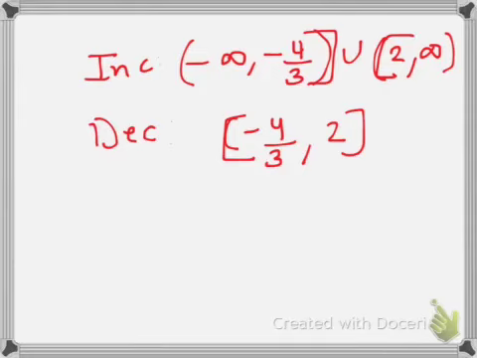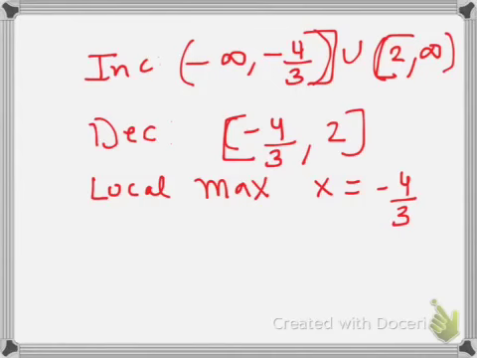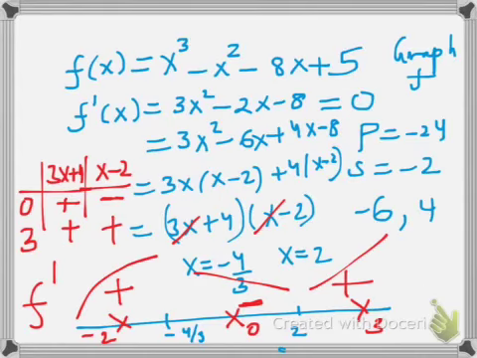Okay, so that's your increasing, decreasing, and your local max is at x equals -4/3, right? If you go back and look here, since it's changing from increasing to decreasing at -4/3, that's where you have your local max.